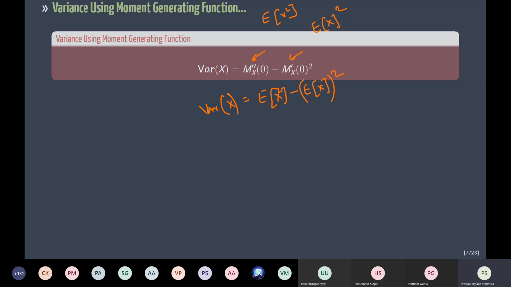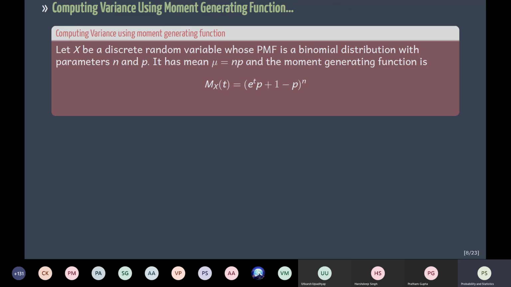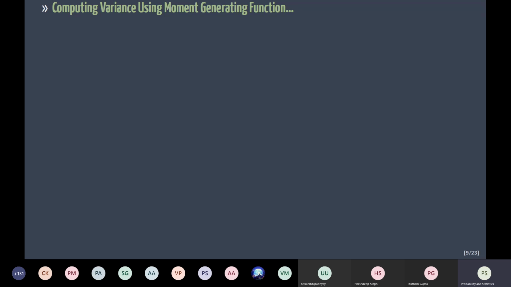But what I would like to do next is to compute the variance for some of the distributions, let us say the binomial distribution. So I'm given this moment generating function for the binomial, and then we have to compute the variance.